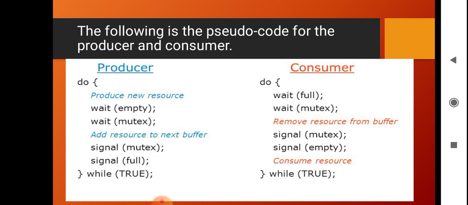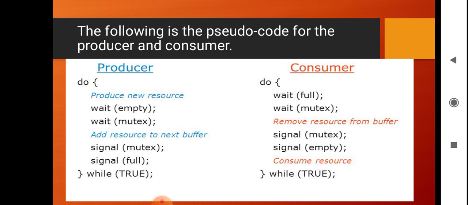And when we decrement the value of a semaphore, it decrements only if the value is positive. So if S is negative or 0, then no operation is going to be performed.